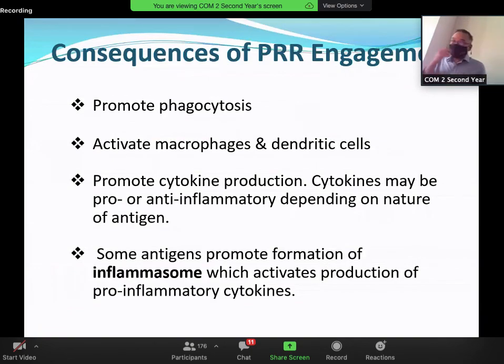So the consequences of these pattern recognition receptors recognizing the target, these PAMPs, what that results in is basic biochemistry: once the receptor gets engaged, you get what we call signal transduction, or a transfer of chemical energy involving phosphorylation, dephosphorylation, going from that receptor into the cell to the nucleus.